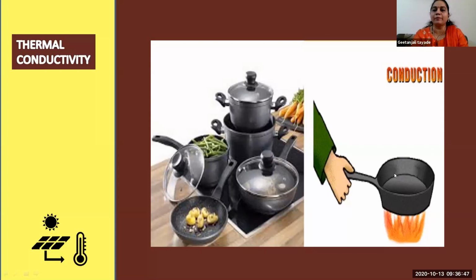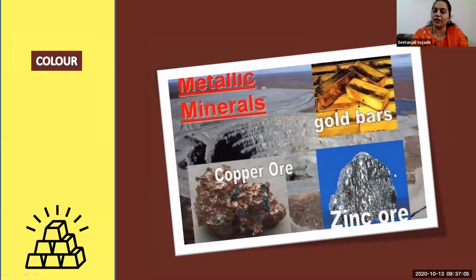Thermal conductor means they spread the heat equally in that utensil. It is not like only the base gets heated up very early and the whole pot remains to be heated. So it is not the case. Metals are a good thermal conductor.